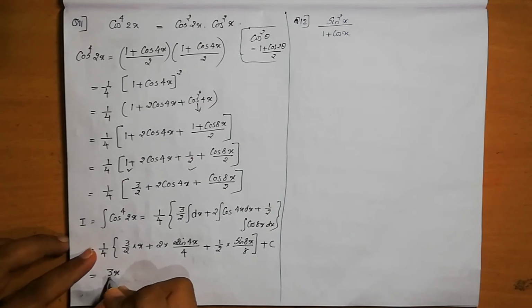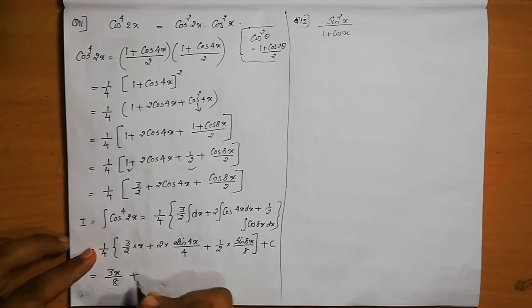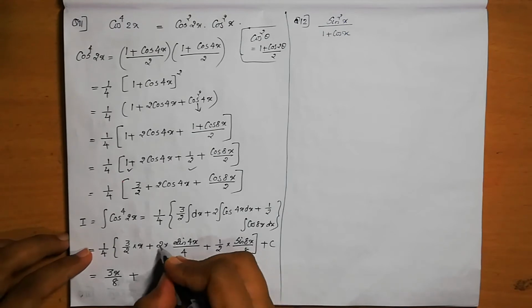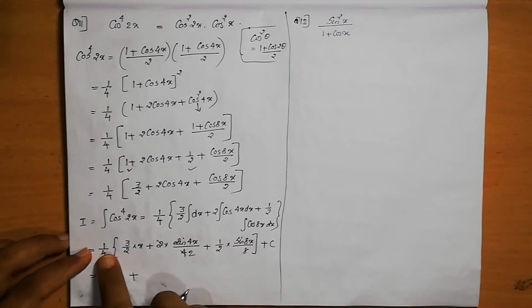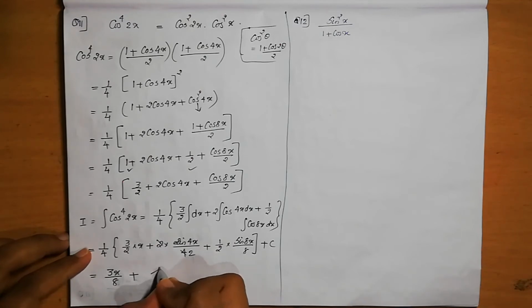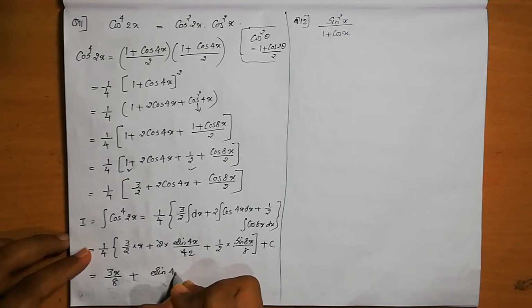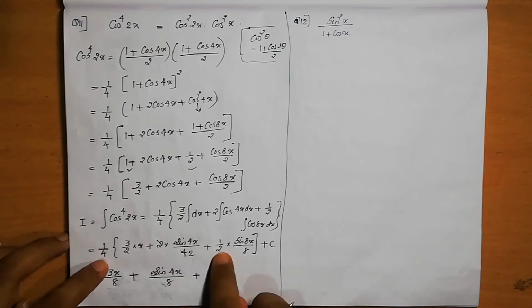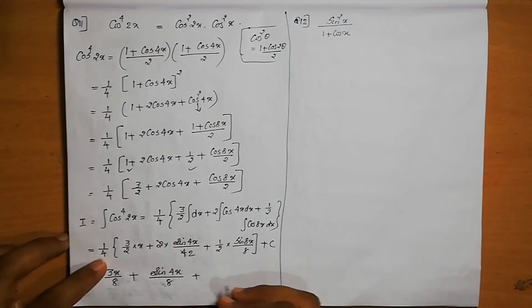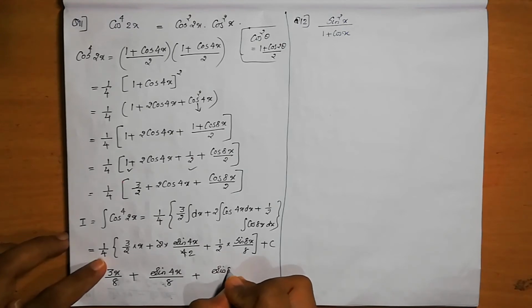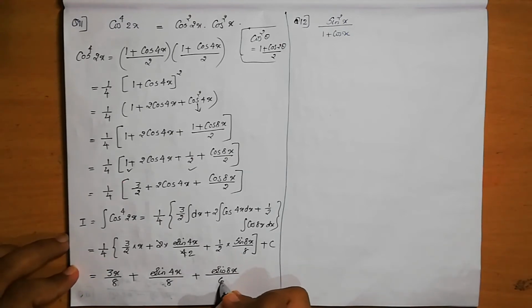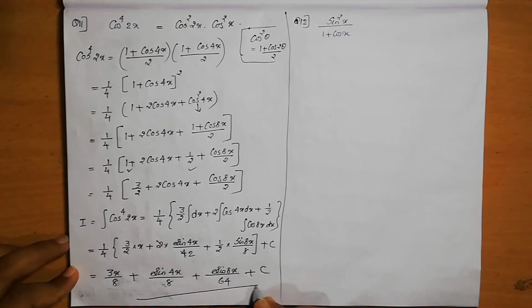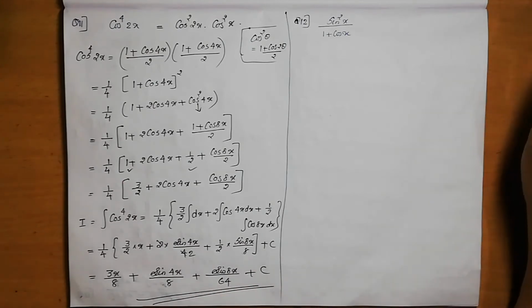That means 3x by 8 plus, this one, 4 and 2 and 4 will cancel 2. 1 by 4 into 1 by 2 is 1 by 8. Sine 4x by 8 plus, again, 4 into 2 is 8, 8 into 8 is 64. That means sine 8x by 64 plus c. Answer.